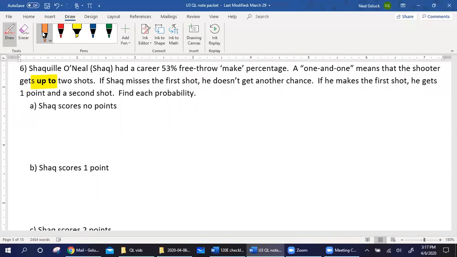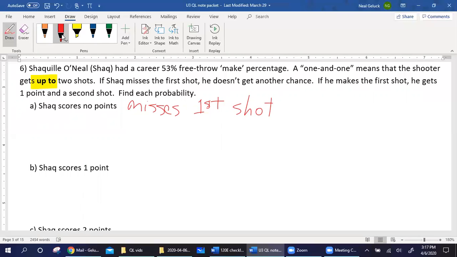Now, fortunately, on this problem, we don't have to worry about if he makes a shot, his confidence goes up or anything like that. We're just using the 53% or 0.53. So the probability that Shaq scores no points, well, the only way that can happen is if he misses the first shot. So basically, this is not multiple events.